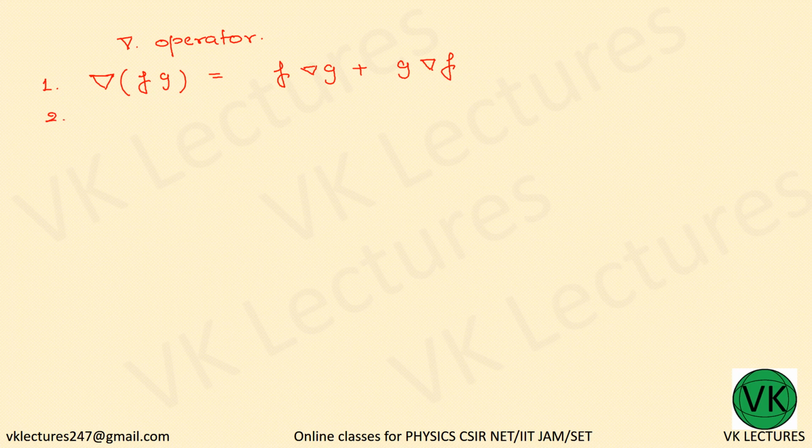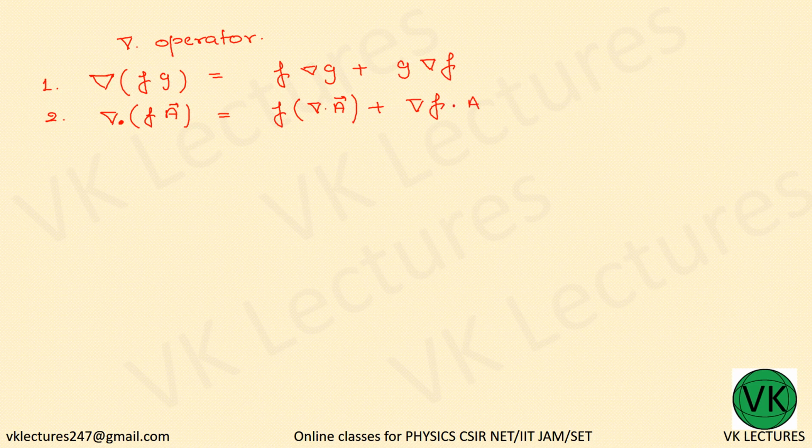Now del dot f times a, where a is a vector, is equal to f times del dot a plus del f dot a.